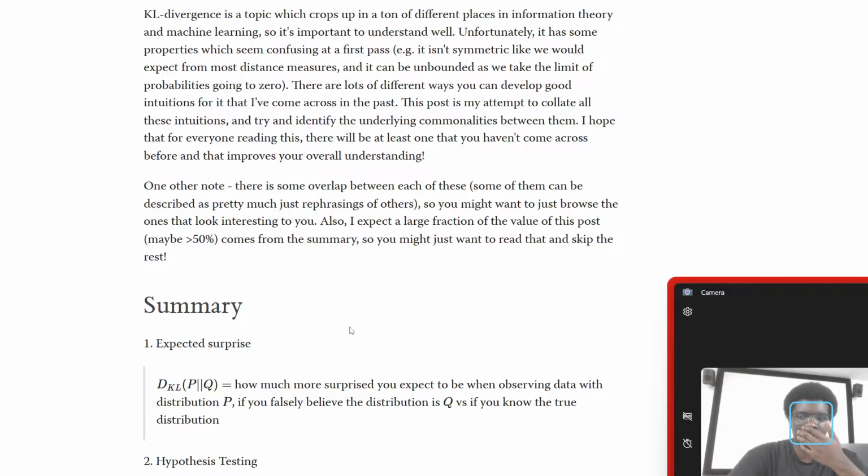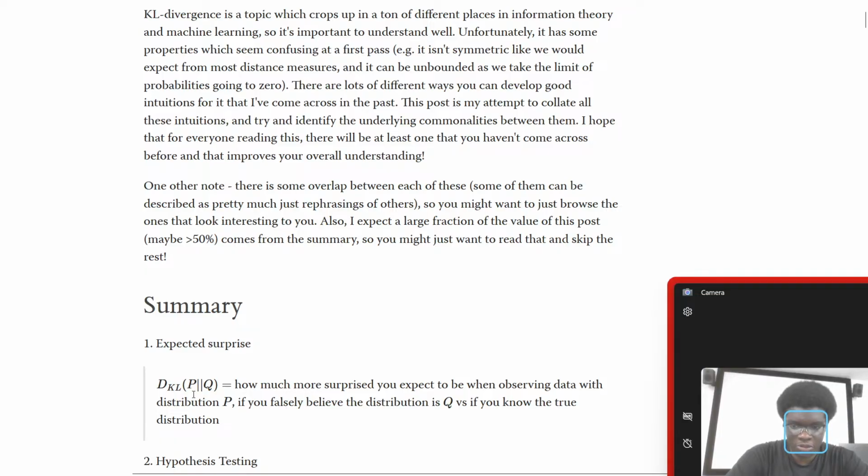As I said, it's not symmetrical, so we need to say P is always the left-hand side and Q is always the right-hand side.